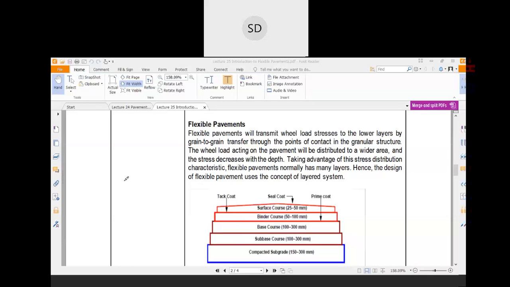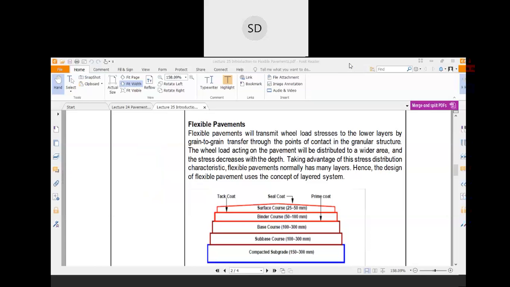So suppose there are different aggregates which are attached to each other with interlocking properties. Now if load is applied over here, then this load will be transmitted over there, then from here to here, then from here to here. Like that it will transfer from grain to grain of the aggregate. This is called grain to grain transfer of the load.